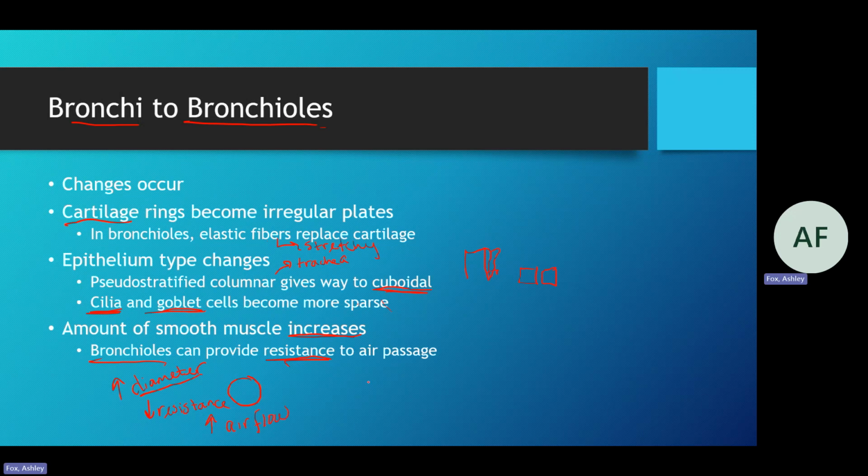If you decrease the diameter of the bronchioles, then you're increasing resistance and you're decreasing airflow. That's because of the smooth muscle in the bronchioles. You don't have cartilage holding it open. So this is going to be more control of air movement into the lungs.